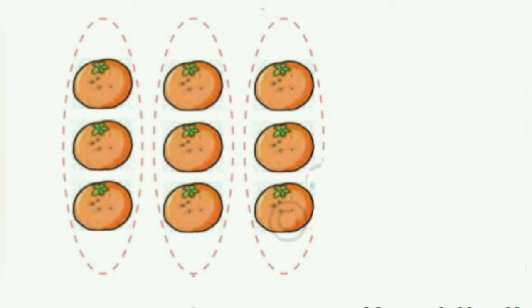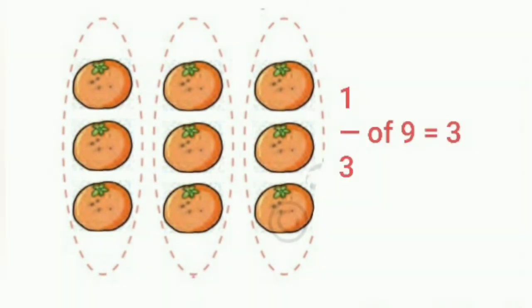To find the number of oranges that she gave, we will divide these oranges into 3 equal groups and then count the number in each of these groups. You can see clearly the number of oranges in each group is 3. So Mrs. Sharma gave 3 oranges to her neighbor. We can write like this: 1/3 of 9 is 3.